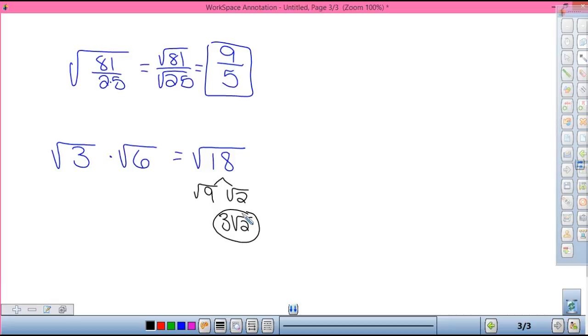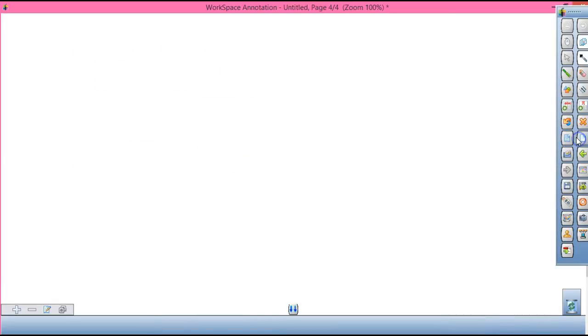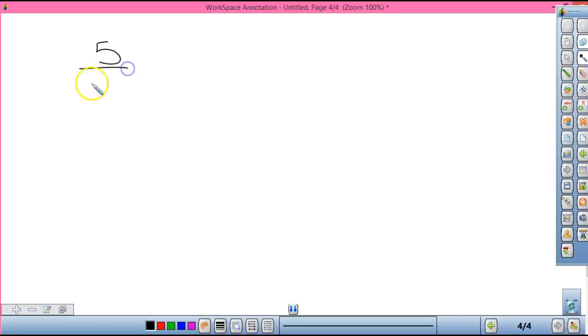All right. Big thing from today: if I have 5 divided by the square root of 3, you cannot have a square root in the denominator of a fraction. So we have to do what's called rationalizing the denominator.